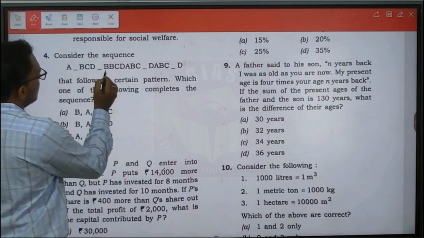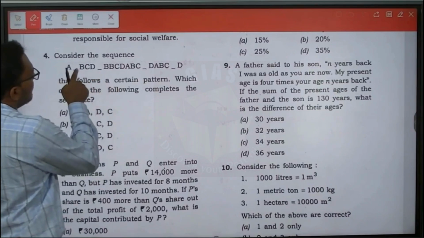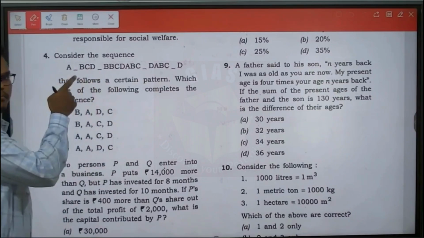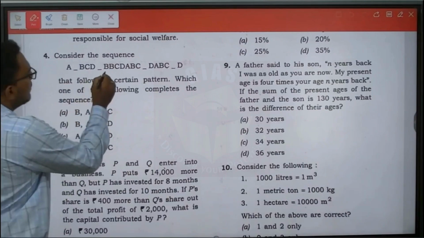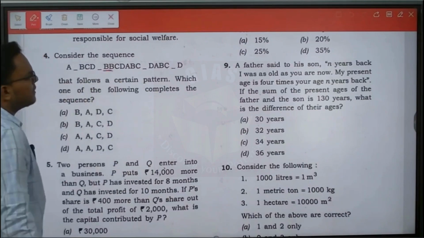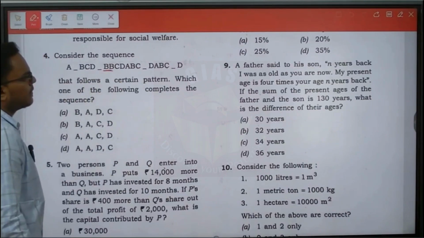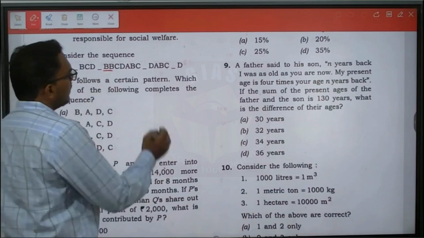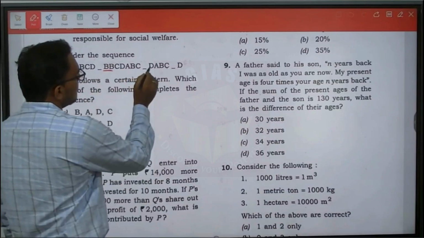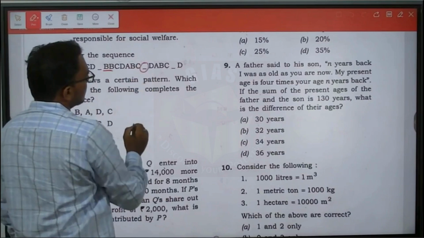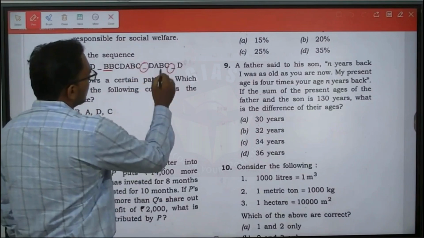You have A, B, C, D, but between A and B you have a blank, and here you have B, B repeated, and here A, B, C, and between C and D you have a blank, and then again here you have a blank.